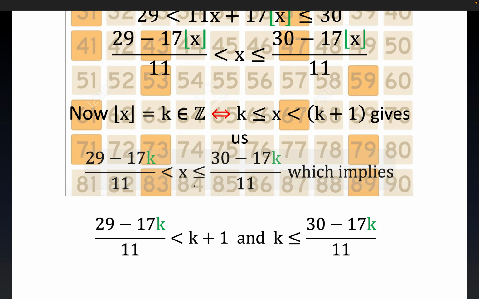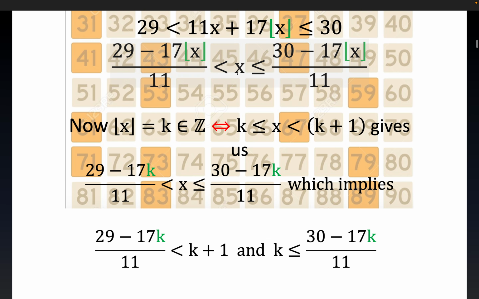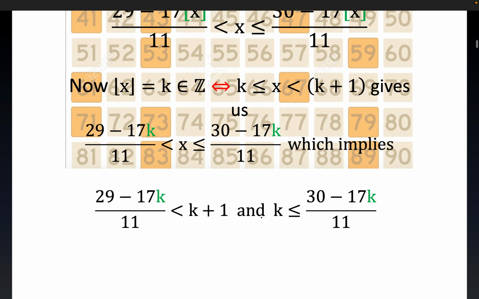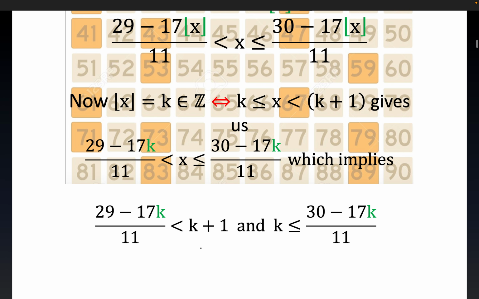We get another set of compounding inequalities where it's the k. Okay, we're actually trying to figure out a value of k that'll make this work. Okay, and then we'll just substitute it back in up here to get our solution. Okay, you see, if we can find a k that will work, we'll be in good shape because our floor is equal to k. All right, and remember, k has to be an integer.